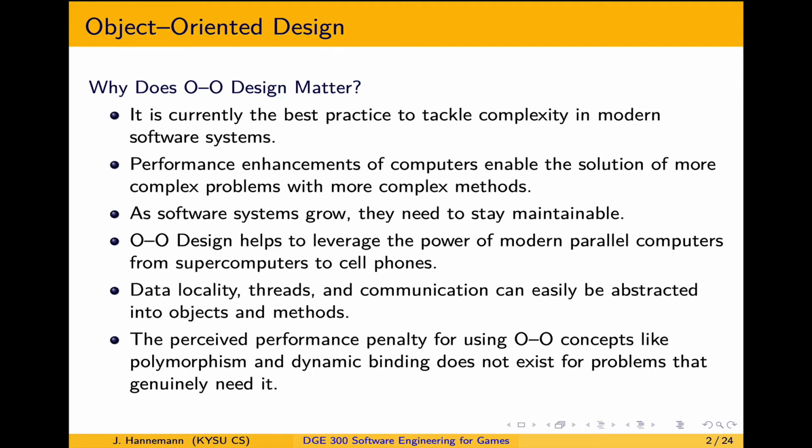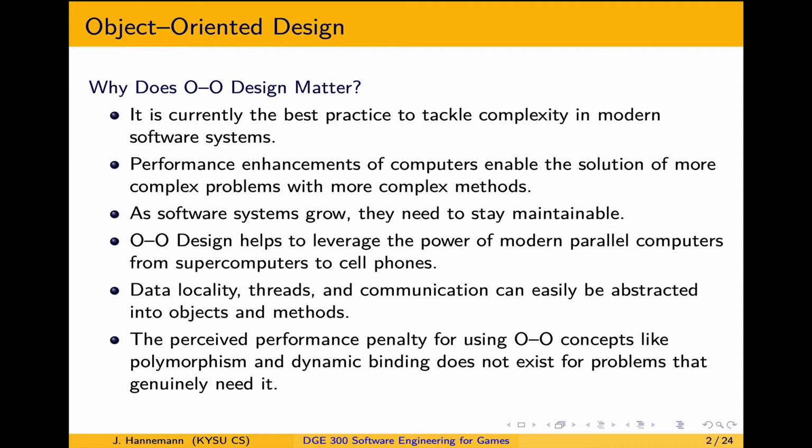As we found out, and we'll come back to this a little bit later, there was what they call the software crisis in the 1970s, where systems grew so large that not a single person could understand a single concept or the total code base. So in order, as programs grow, they had to stay maintainable, and OO design helps to do that.